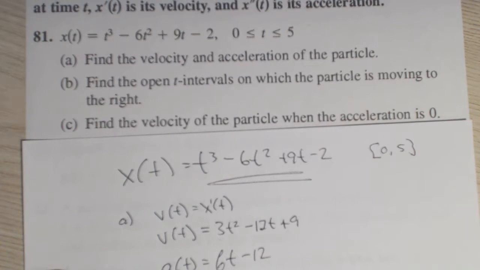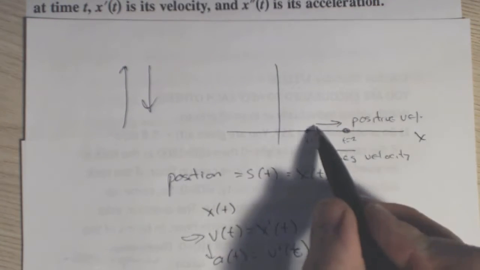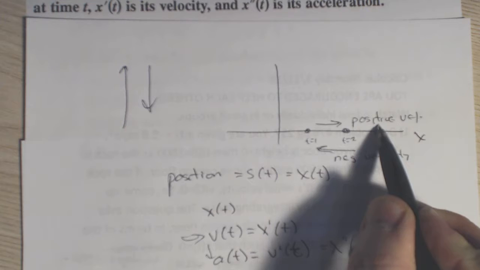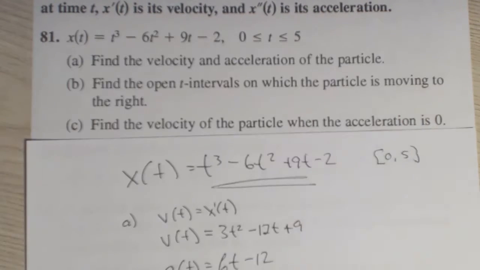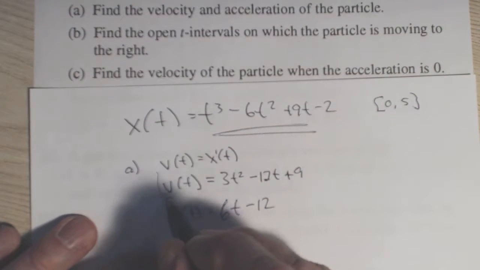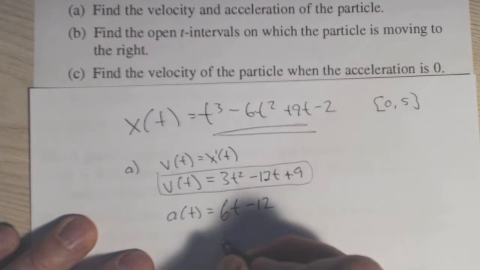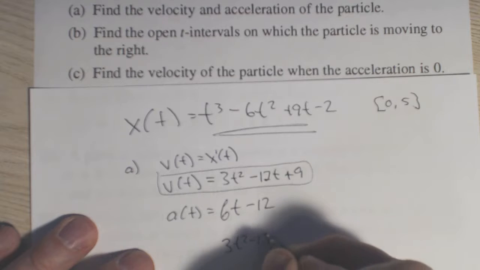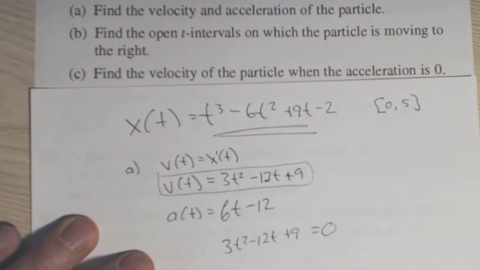In part B, it says find the open intervals in which the object is moving to the right. Now, a second ago, I said that movement to the right would be considered positive velocity. So what we're going to do is figure out when velocity is positive. I'm going to take my velocity function and first figure out when it's 0. So I'm going to take 3t squared minus 12t plus 9 and set that equal to 0. I can factor out a 3.